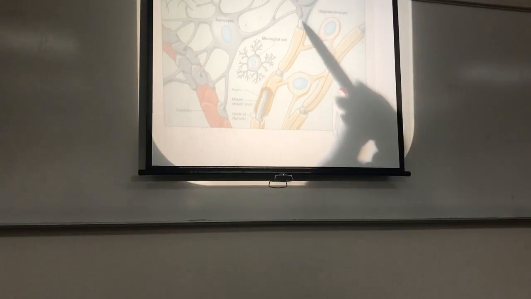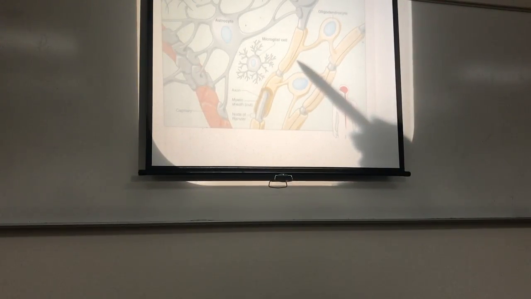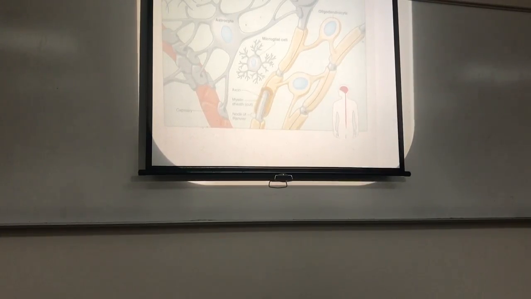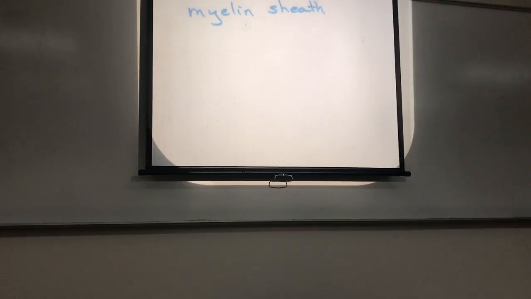So action potentials can go down the axon, but they can't get out. That myelin covering is not only keeping the action potentials in the axon, but it's going to keep them from cross-circuiting from one axon to the other. Because believe me, in the brain, these guys are really tightly packed. So these oligodendrocytes are forming what's commonly called the myelin sheath around the axons of the neurons in the brain and spinal cord.